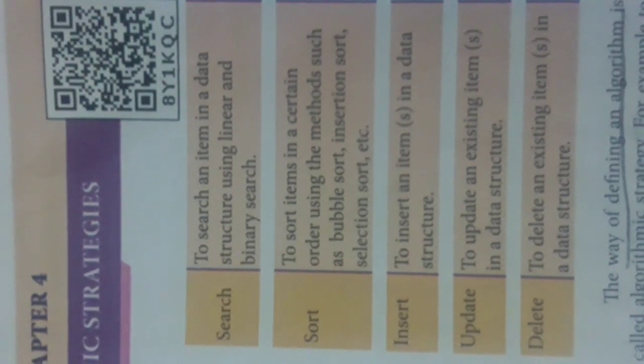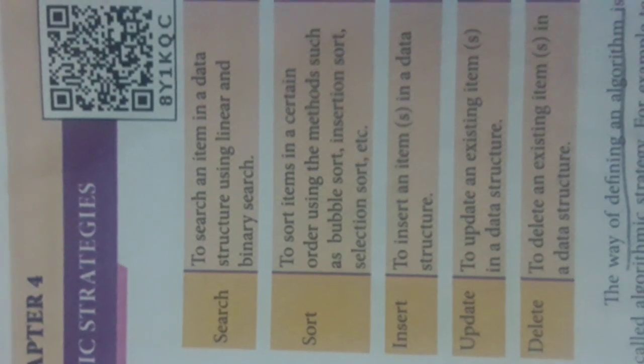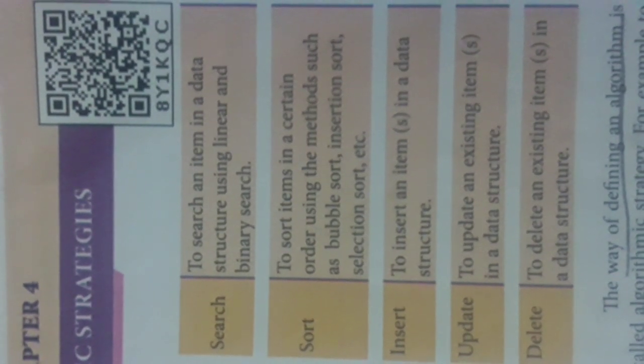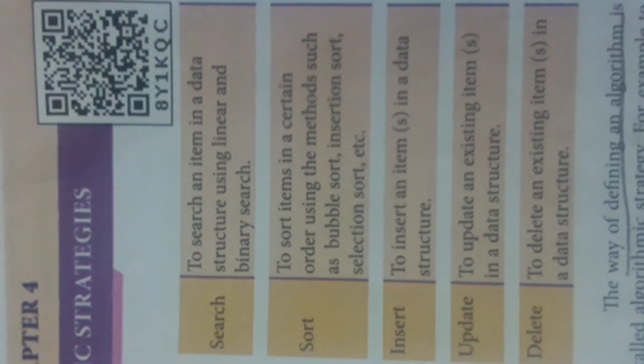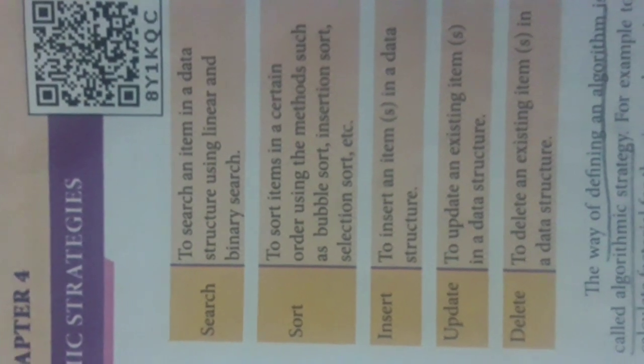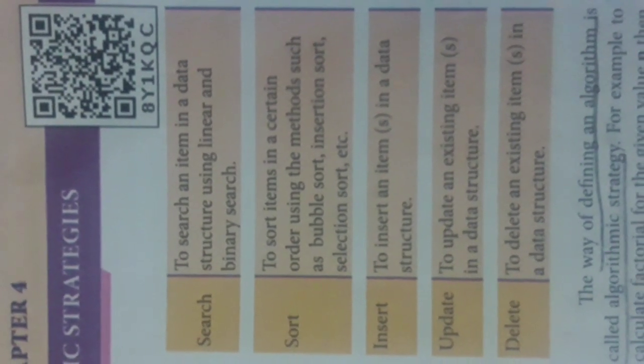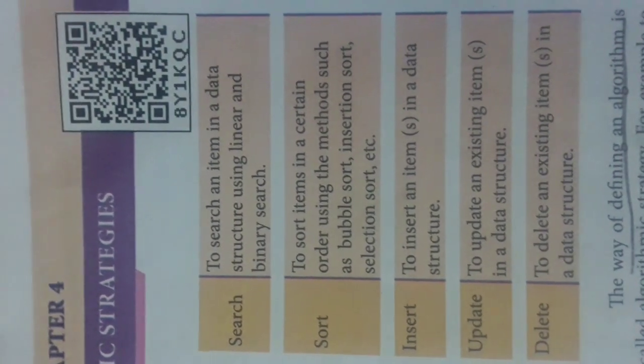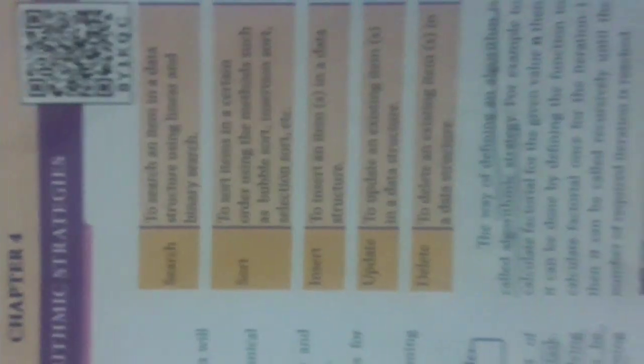Third one is insert, to insert an element in a data structure. Fourth one is update, to update an existing element in a data structure. Last is delete, to delete an existing item in a data structure. The way of defining an algorithm is called algorithmic strategy.